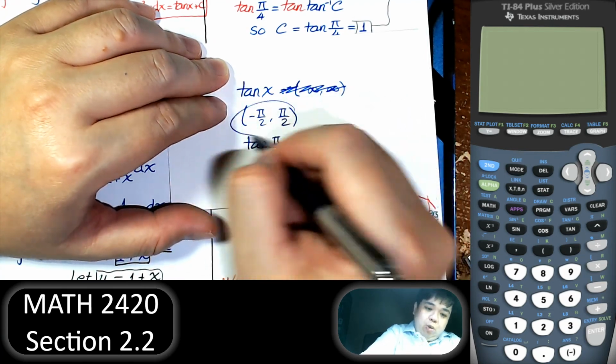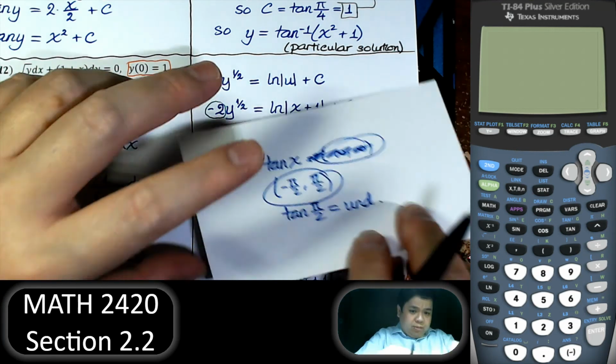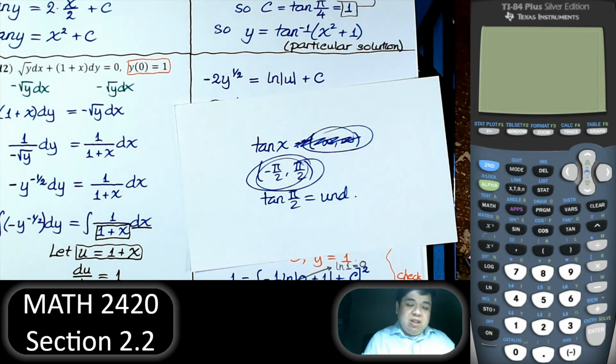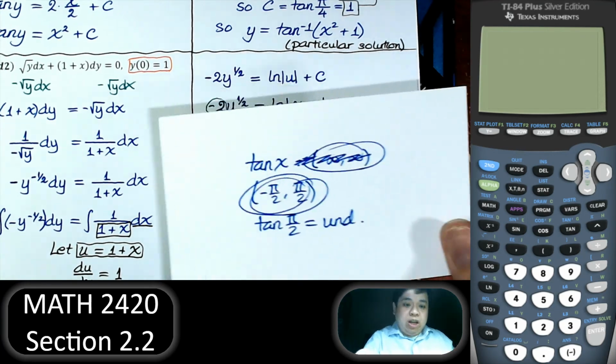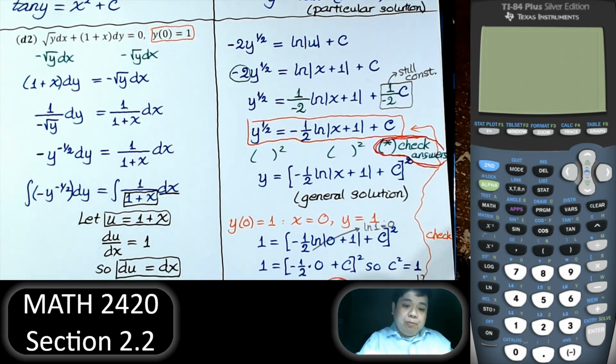Right. So the domain and range. When we are in this domain and that range, the tangent and tangent inverse cancel out. If it is not in here, they won't cancel out.